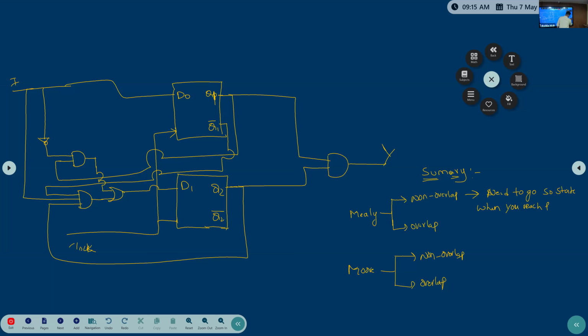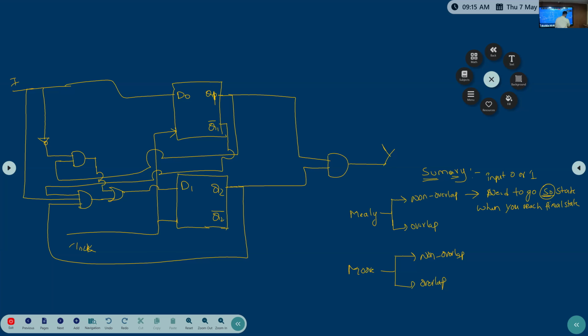Whether input is 0 or 1, you need to go to the S0 state. At the final state, whether 0 or 1, you will go to the reset S0 state.